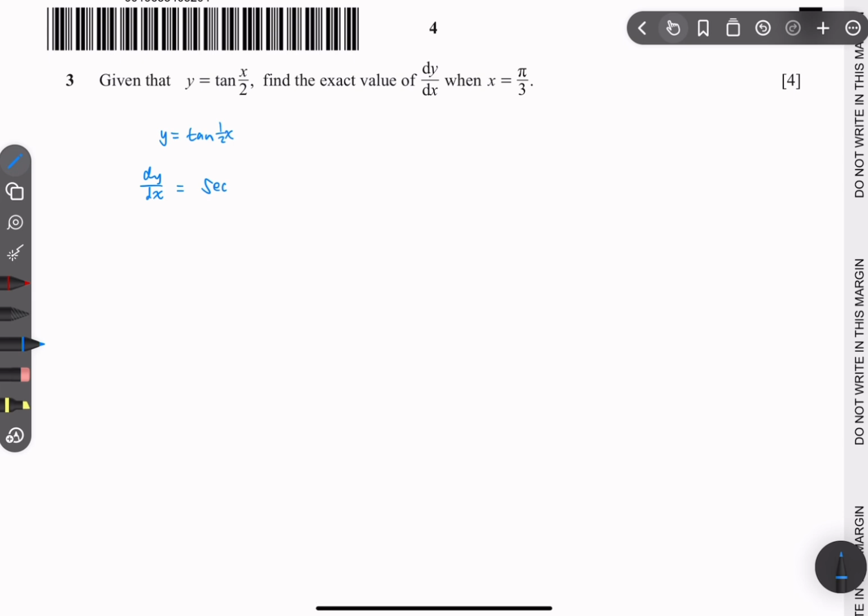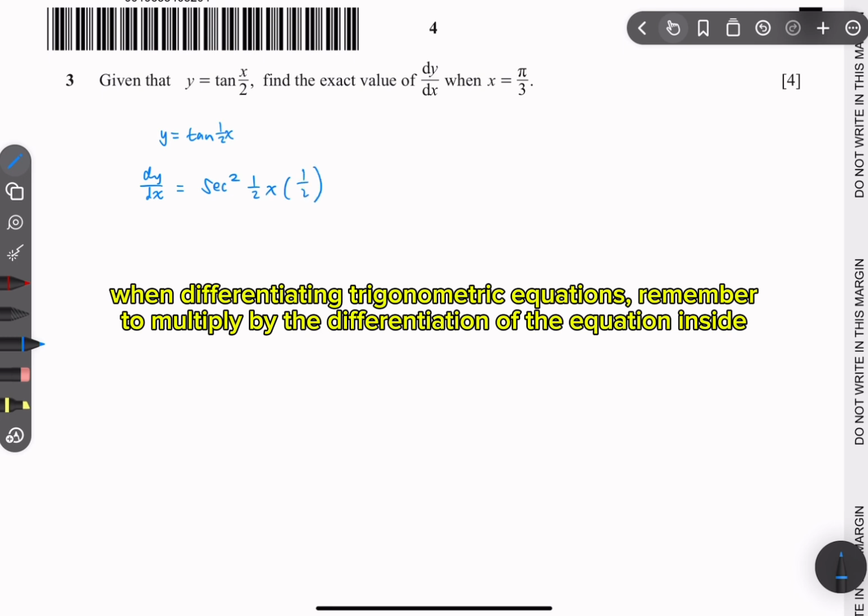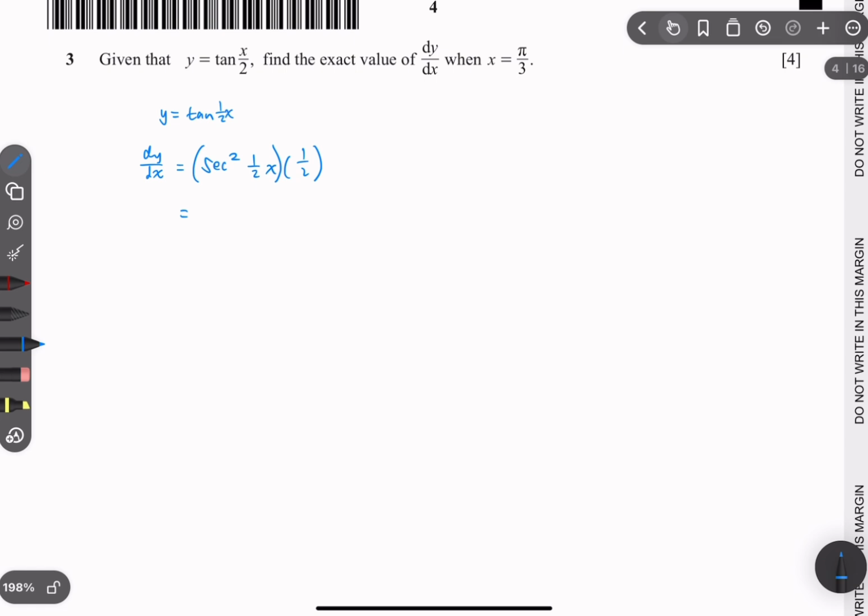The differentiation of tan is secant squared, so this is why it becomes secant squared. Okay, now we can change secant squared to 1 over cos squared because of this rule.